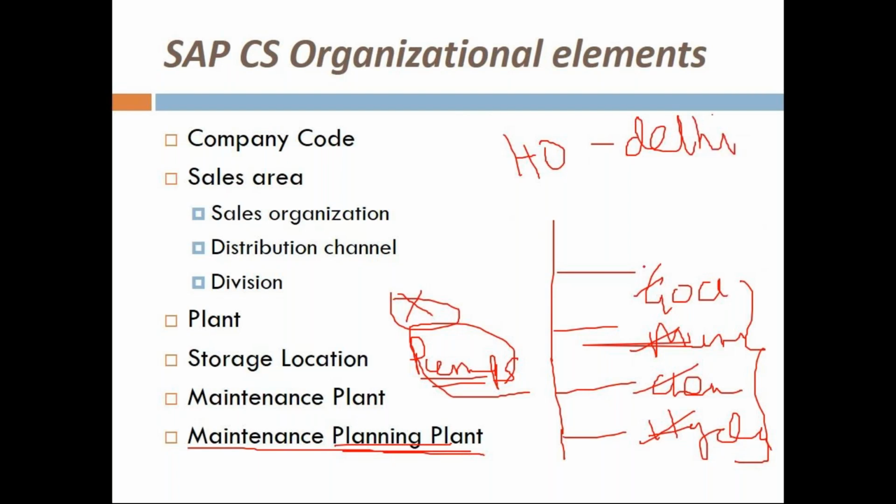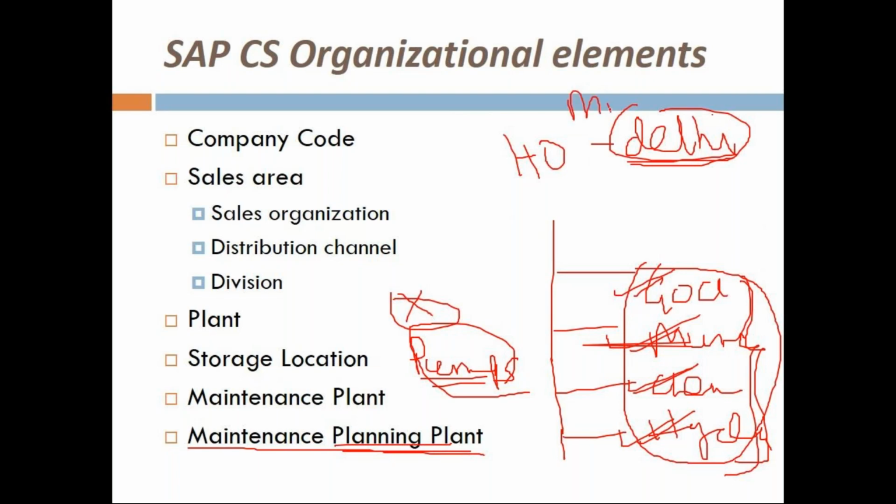Whatever these four manufacturing plants need, those components or whatever the planning activity, all will happen at the Delhi plant, the head office. So these four are called maintenance plants, where all your machines are located, but your planning activity happens at Delhi. So Delhi is called the planning plant. That is the difference.